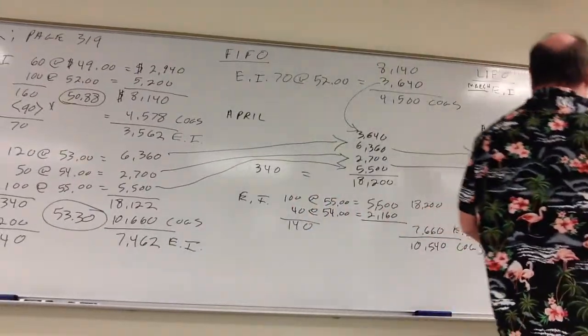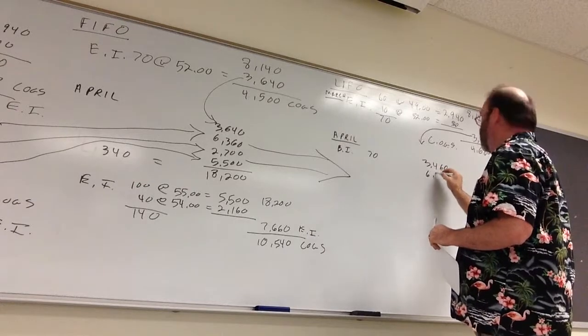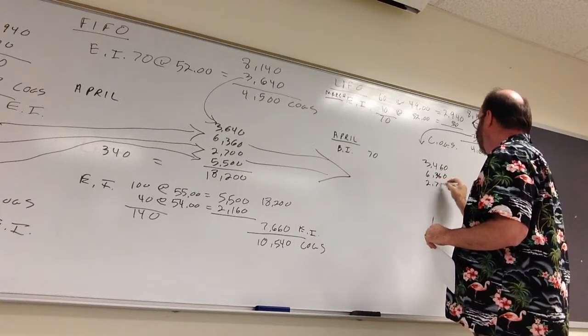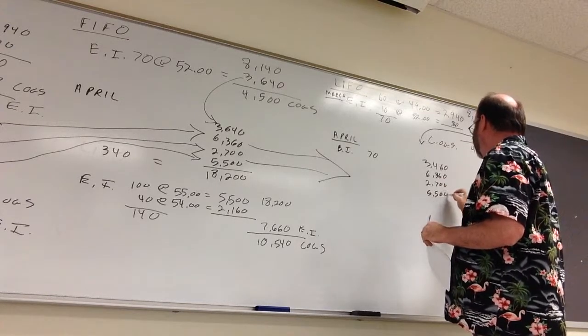Then we got to do this same thing. Got to take those three purchases that were made in April, 6,360, 2,700, and 5,500.